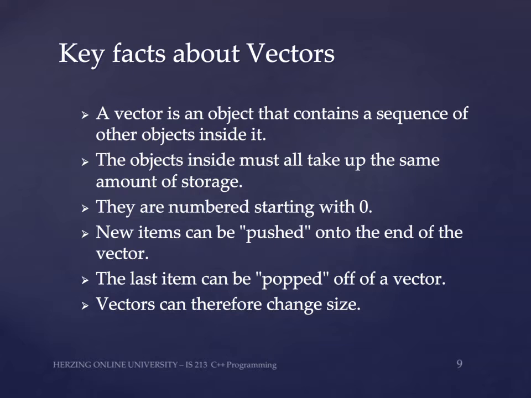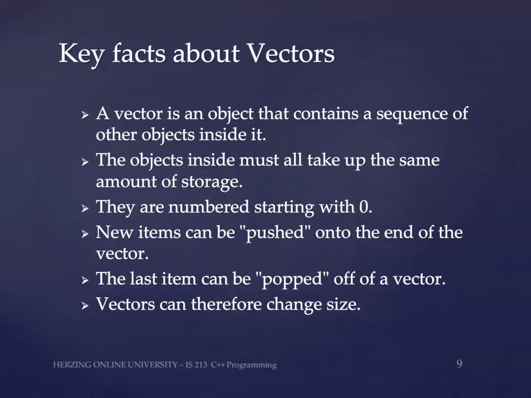Key facts about vectors. This is a list of key facts about vectors that we should keep in mind. For example, a vector is an object that contains a sequence of other objects inside of it. The objects inside must all take up the same amount of storage. They are numbered starting with 0.